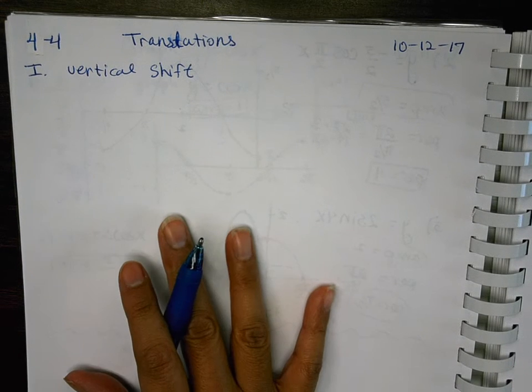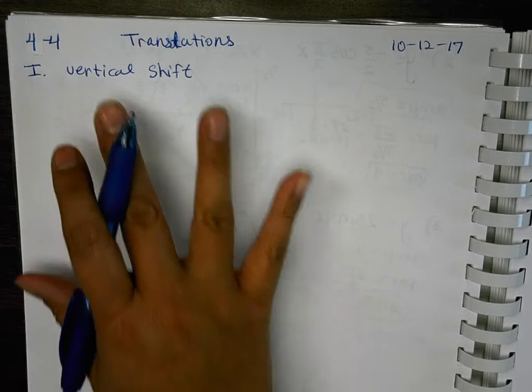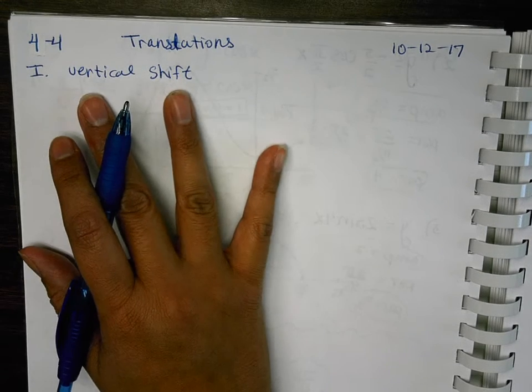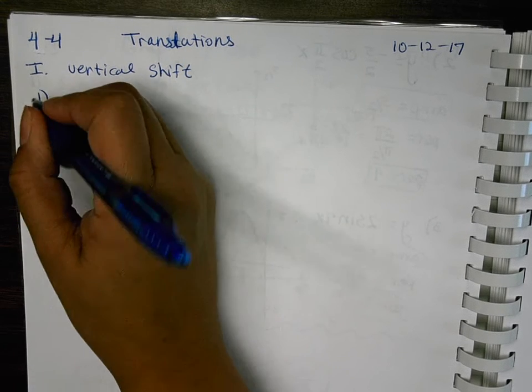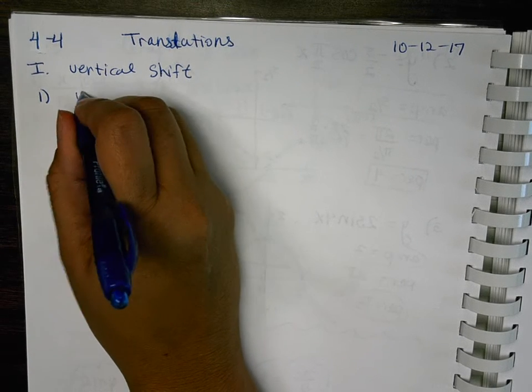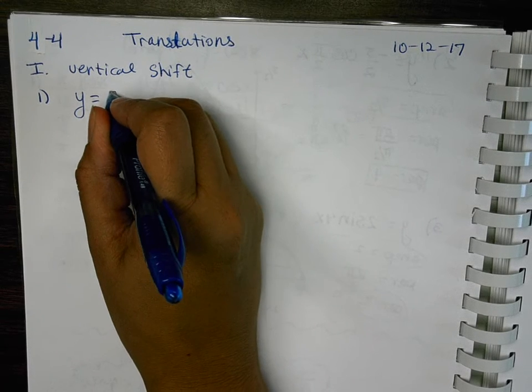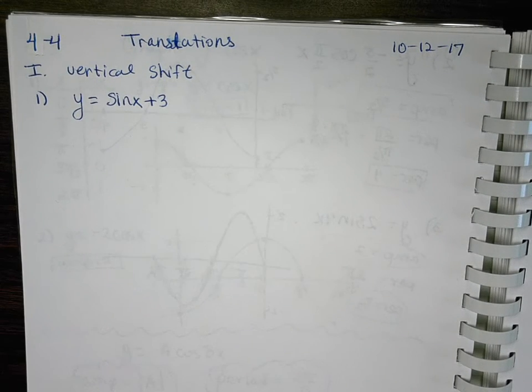Typically the easier of the shifting is the vertical shift, just up or down. Where kids tend to struggle with this section is the amplitude, so I'm going to make sure I go over that with you. All right, we are going to graph number one, y equals sine x plus 3.